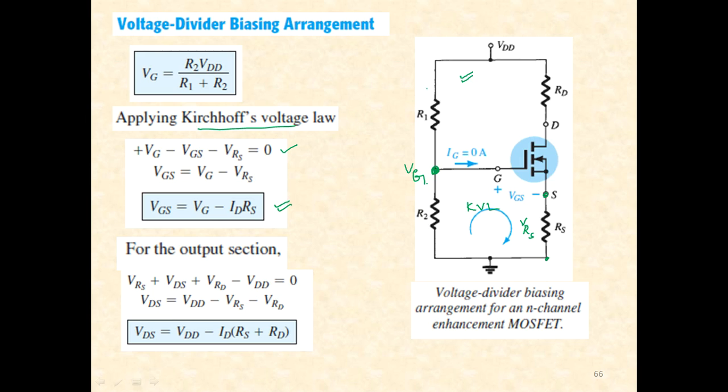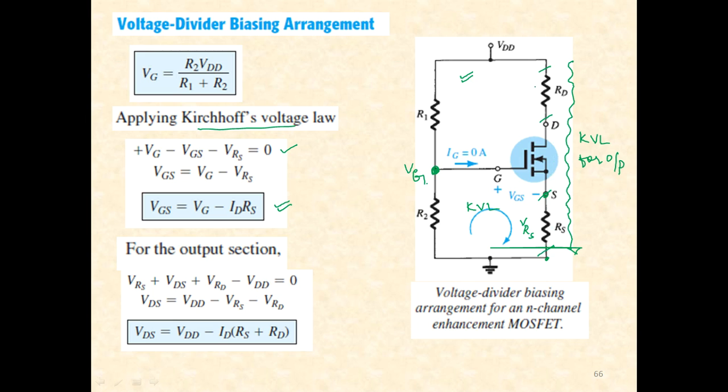Then applying KVL for the output loop, we apply it like this. So VDD must be equal to the voltage drop across the drain resistor, the voltage drop across the drain to source terminals of the enhancement type MOSFET, and the voltage drop across the source resistance.